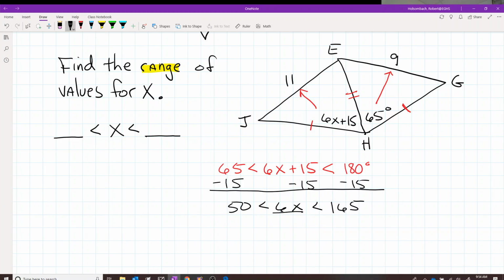And then if you divide the middle by 6, the right by 6, and the left by 6, 8.3 is less than x, which is less than 27.5.